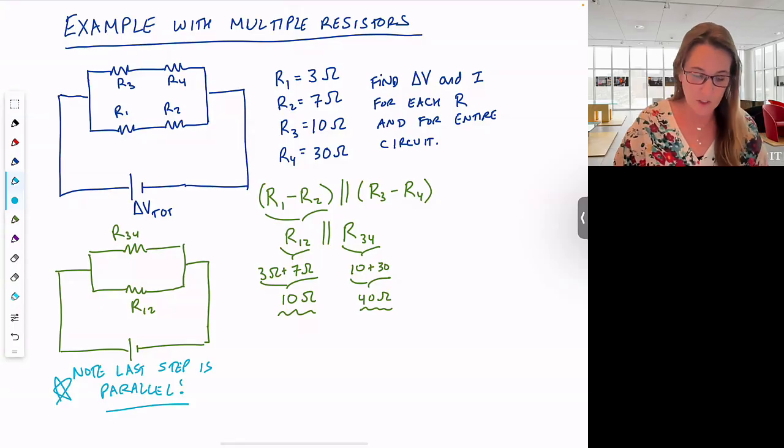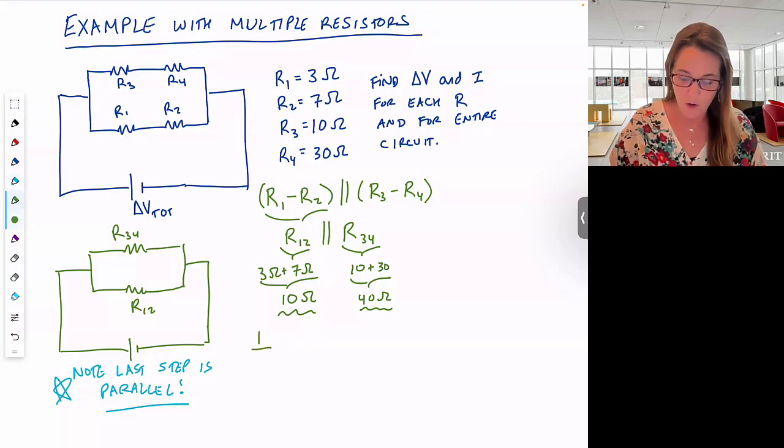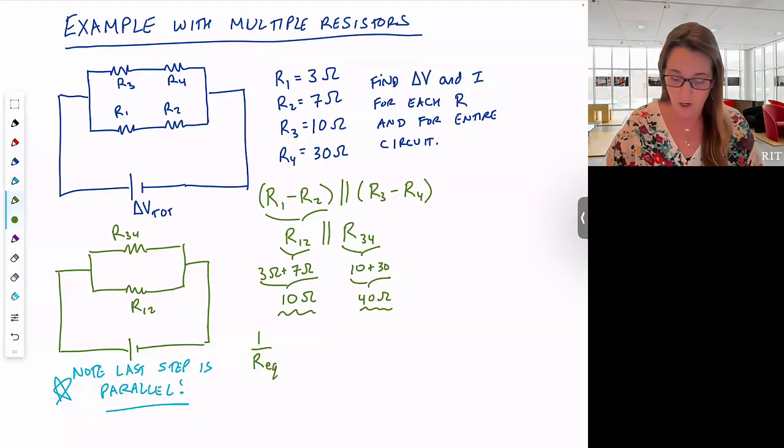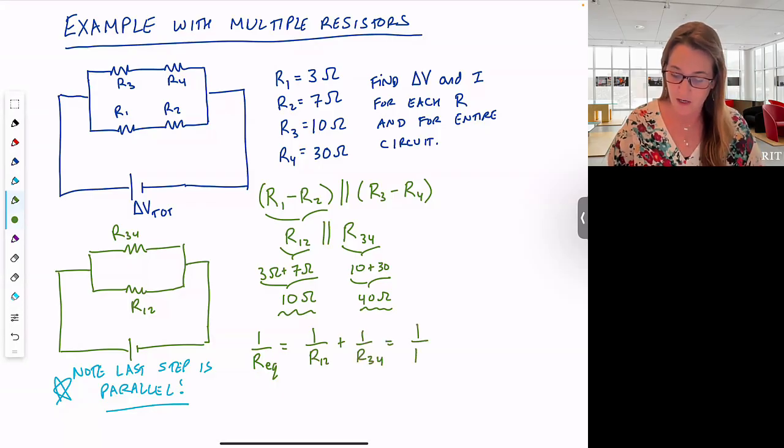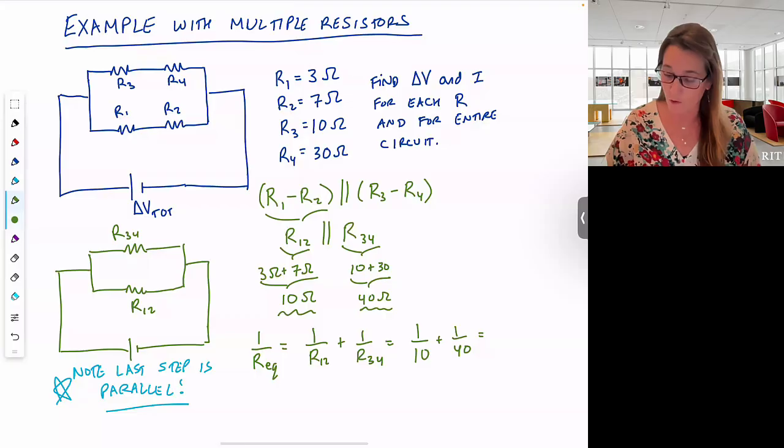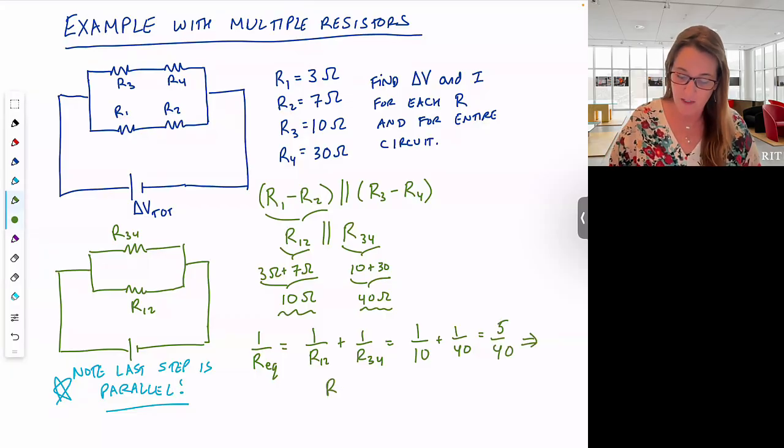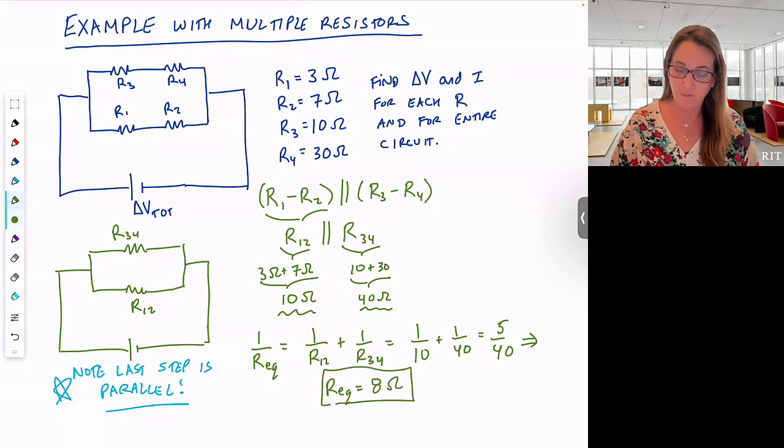Then I can say 1 over the total REQ is 1 over R12 plus 1 over R34. So I end up with 1 over 10 plus 1 over 40, which is 4 over 40 plus 1 over 40, so I get 5 over 40. Flipping that, REQ will be equal to 8 ohms.